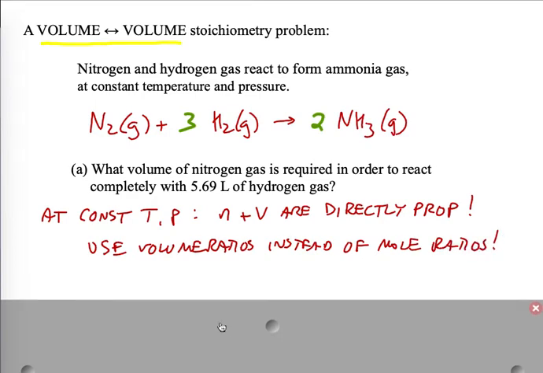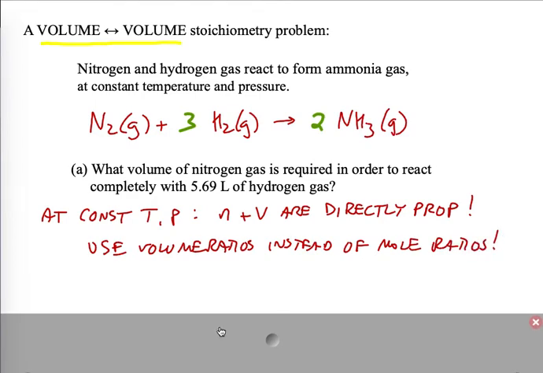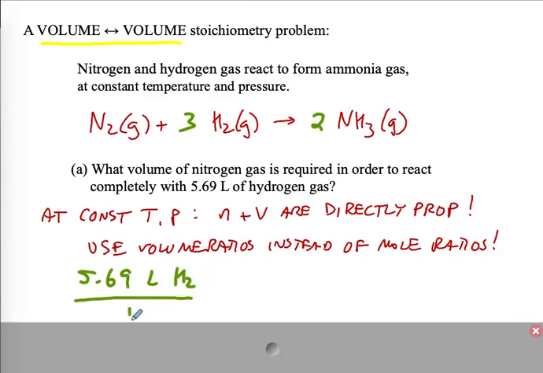And here is how it looks. We'll begin by writing down the quantity that we're given, 5.69 liters of hydrogen gas, over 1 if you like, and we will multiply that by a volume ratio that tells us how many liters of nitrogen are needed for every liter of hydrogen.